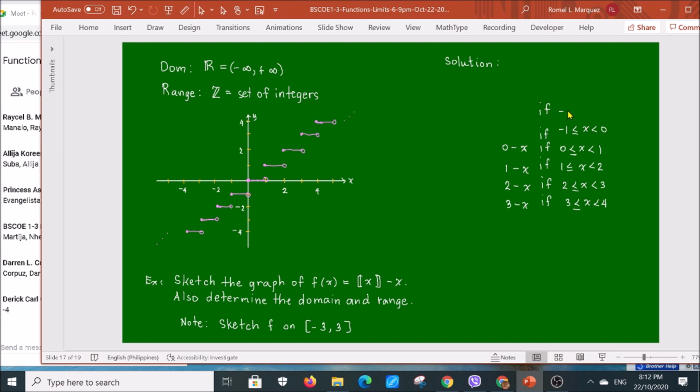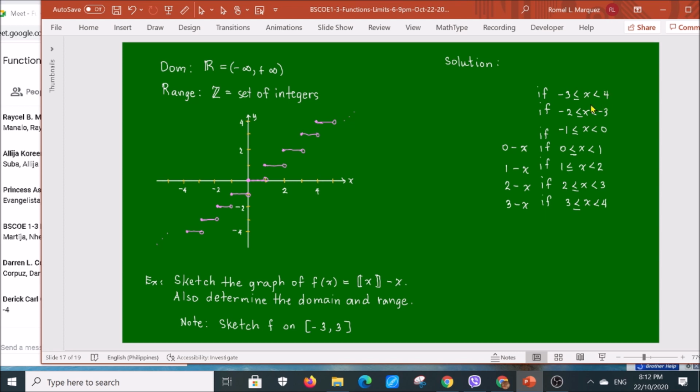If x is between negative 2 and negative 3, including negative 2. If x is between negative 3 and negative 4, including negative 3.